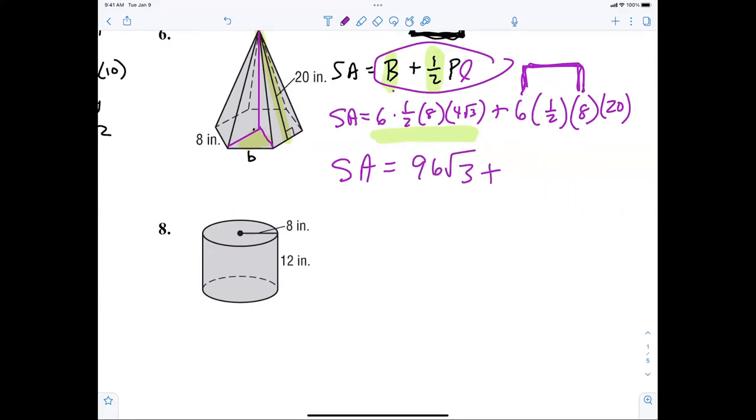Here you go. Try this. Does anybody get that? 96 radical 3 plus 480. Is that right?